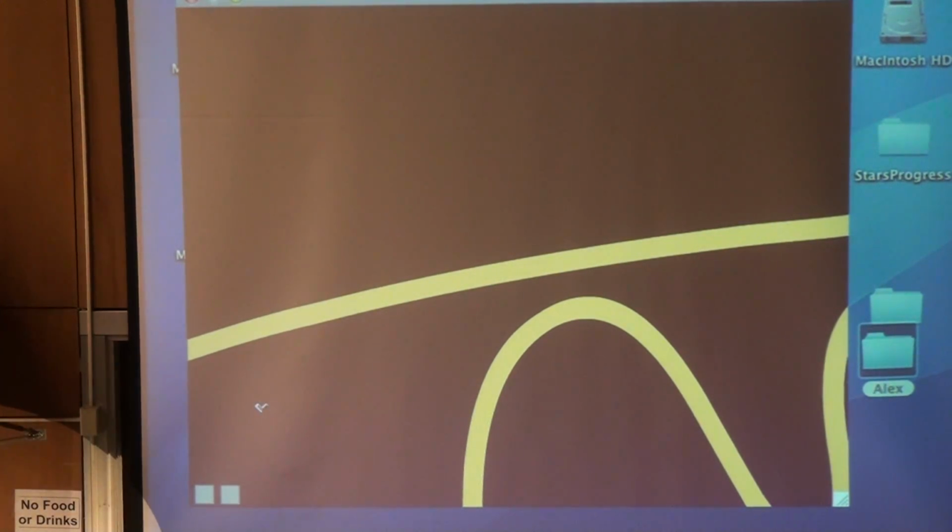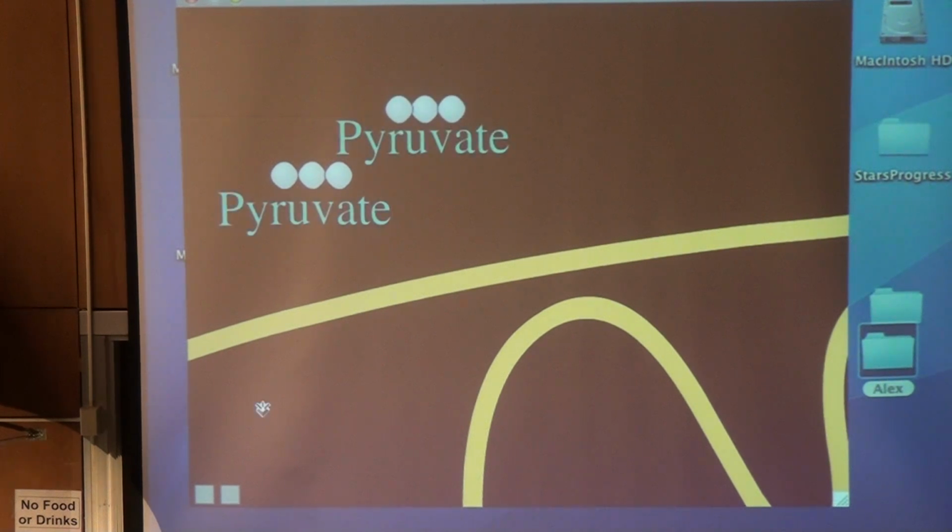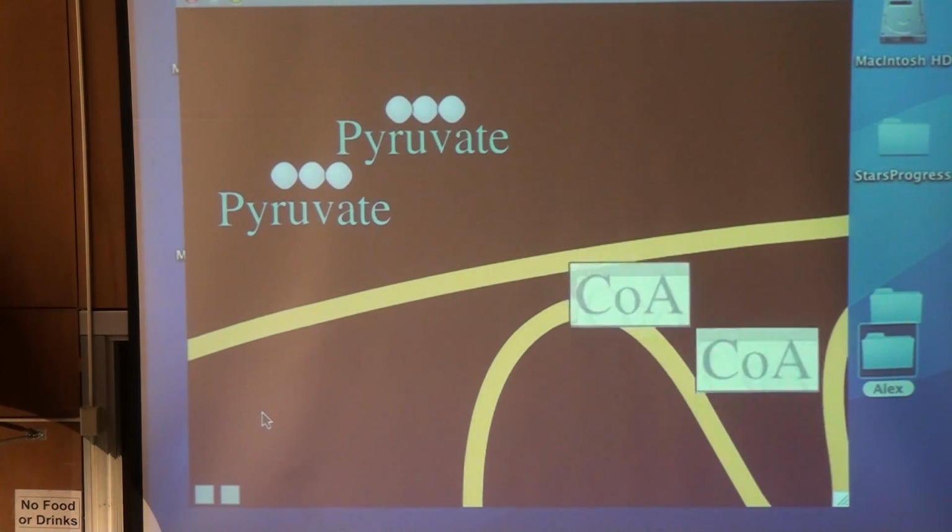For the transition step, the pyruvates come up to the outer membrane of the mitochondria. There they are. And the mitochondria sends out to meet them some molecules called coenzyme A. Let's see, there comes some coenzyme A.